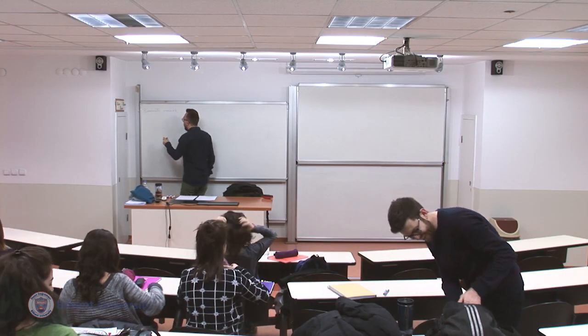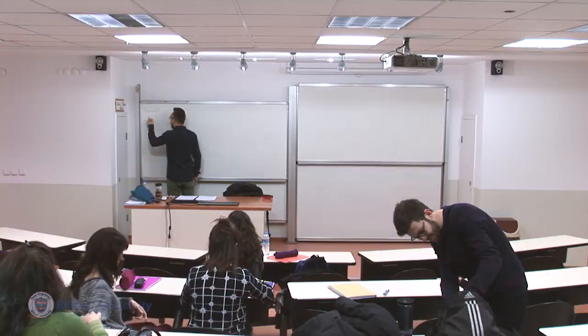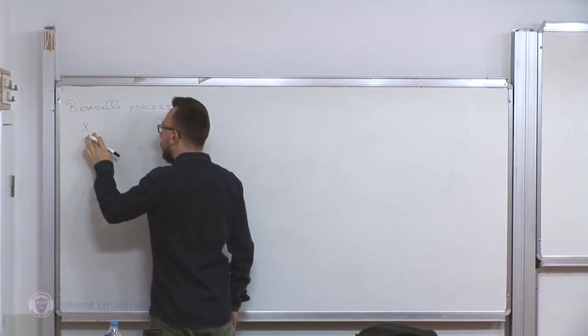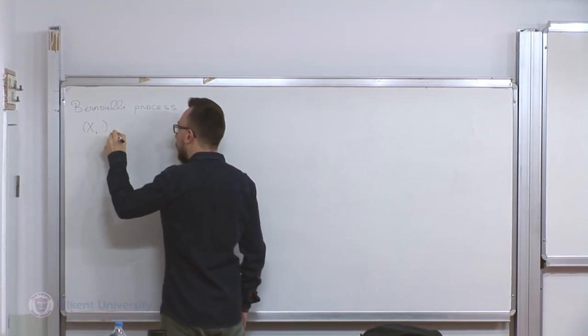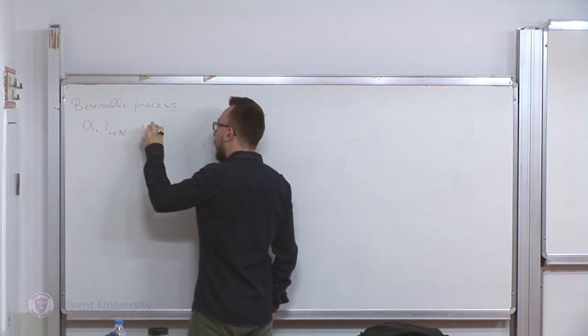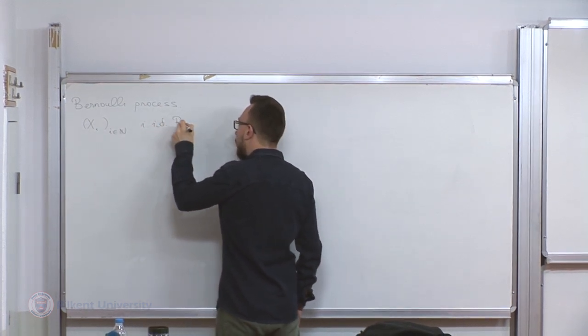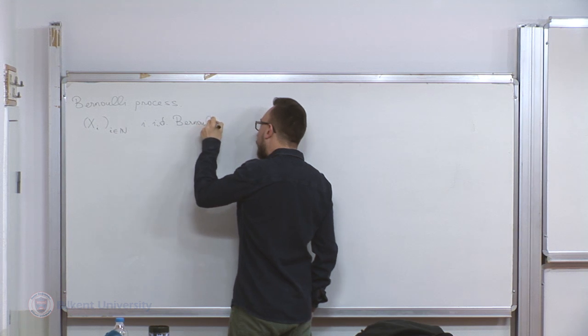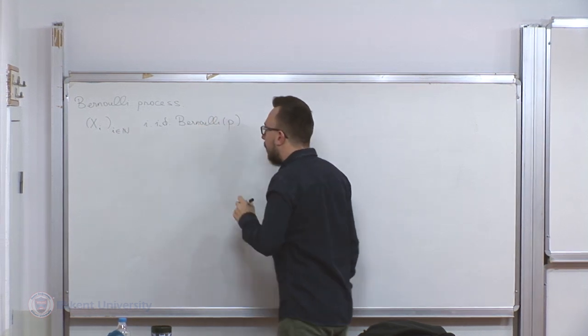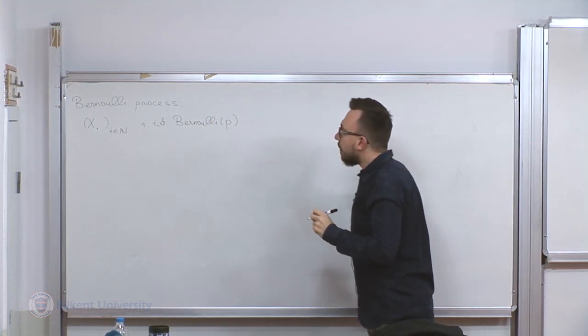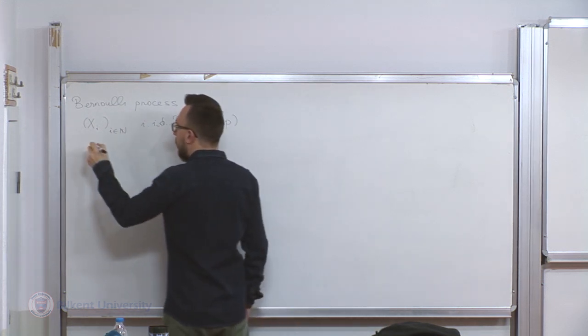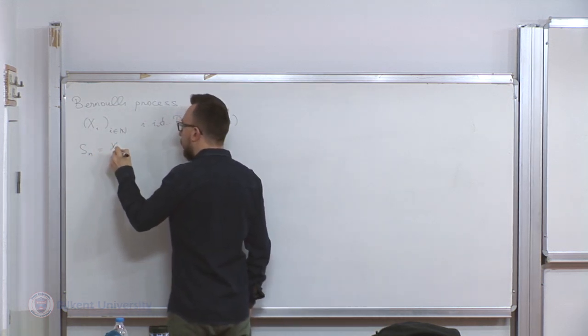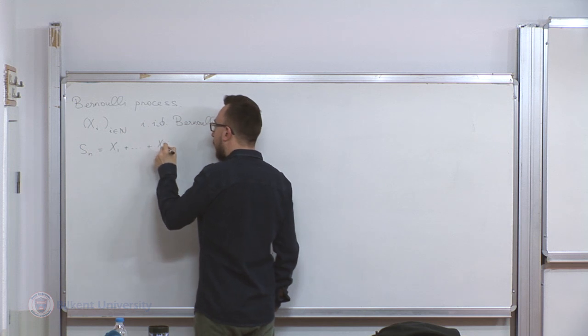I guess last time I denoted them as Xn's, or let's say Xi's. IID Bernoulli random variables with a common parameter, probability p.